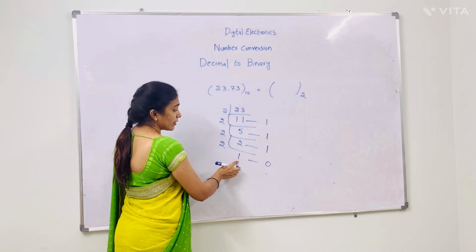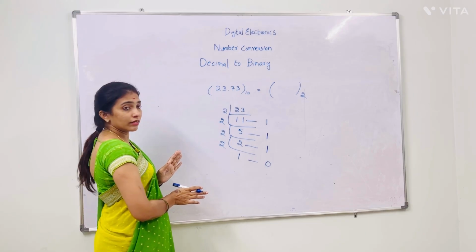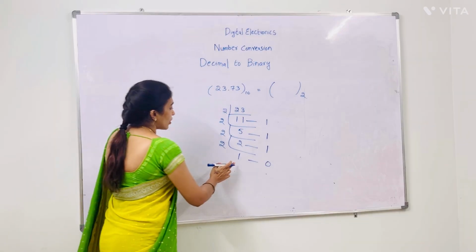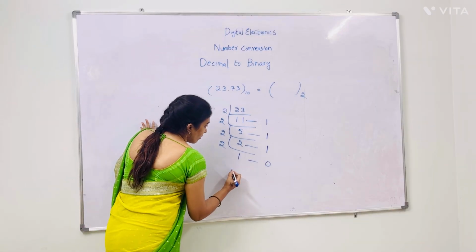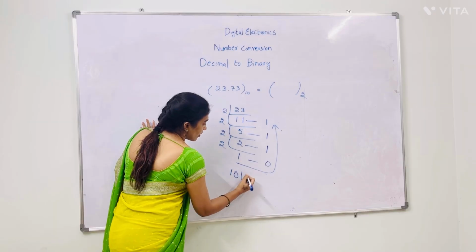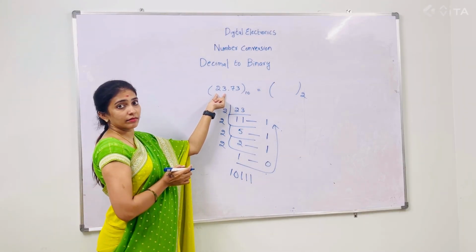Whenever we get 1, you can stop. So the answer from the integer part is 10111.